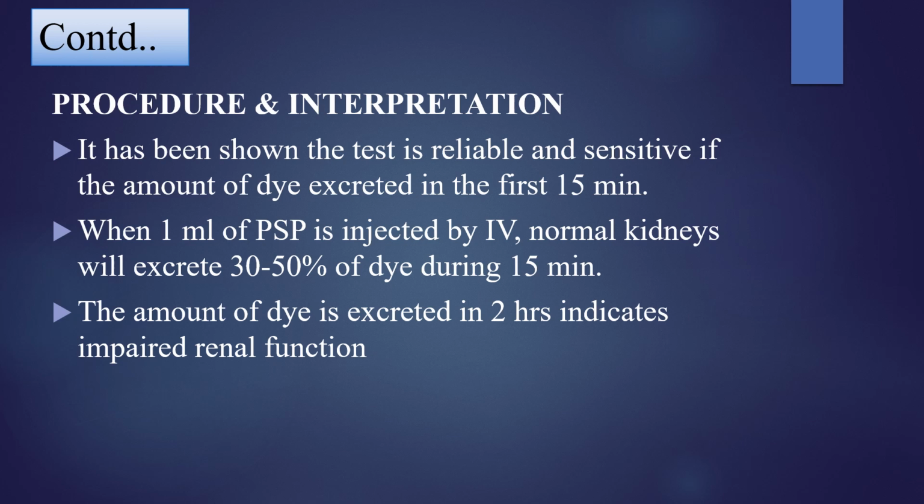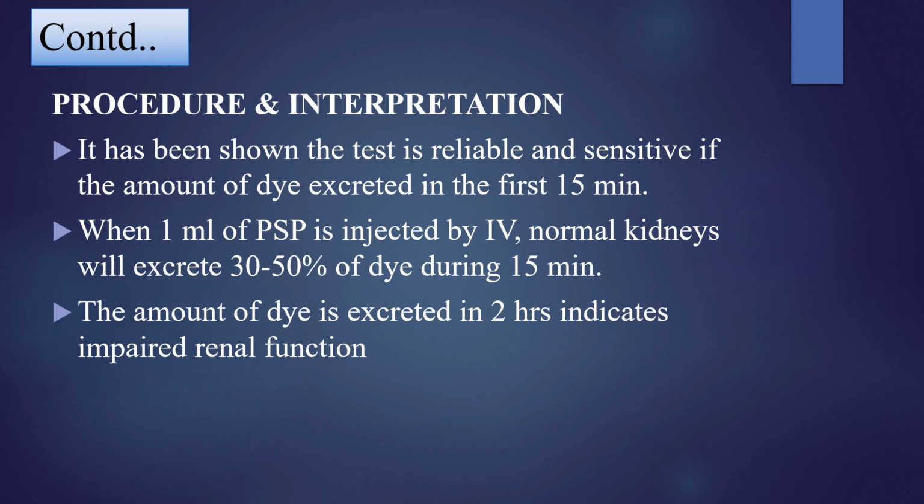Now the procedure and interpretation for this PSP dye test. It has been shown that this test is reliable and sensitive if the amount of dye excreted is measured in the first 15 minutes. As I already told in the previous slide, the PSP dye test is also the 15 minutes PSP dye test. The PSP dye excreted within 15 minutes indicates proper, normal functioning of the kidney.